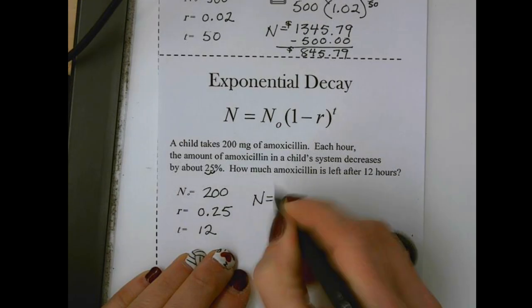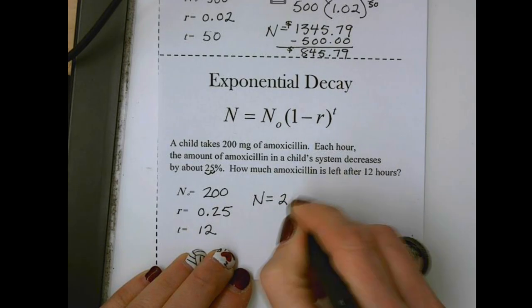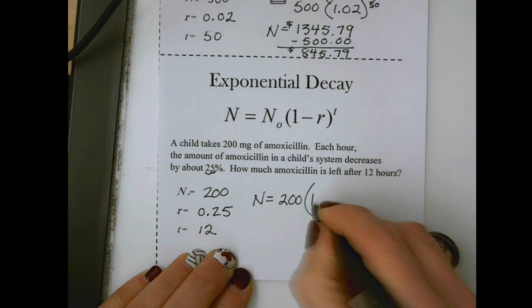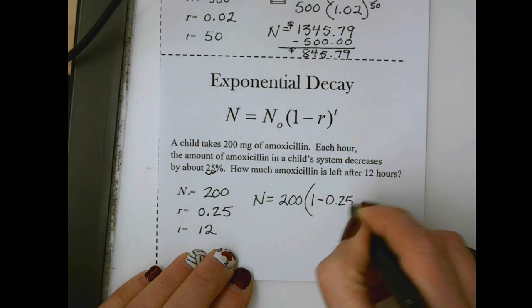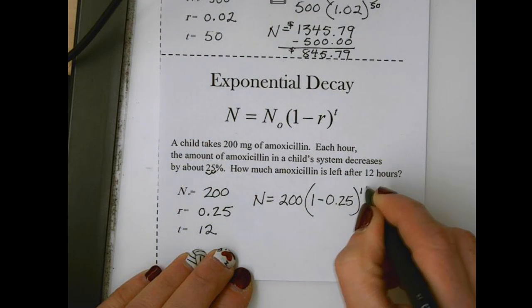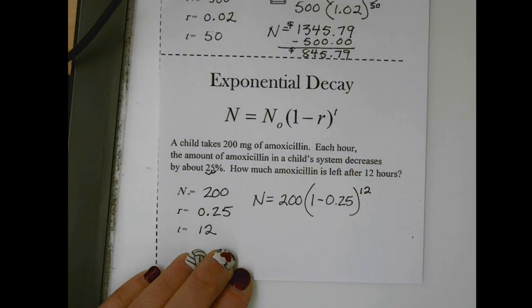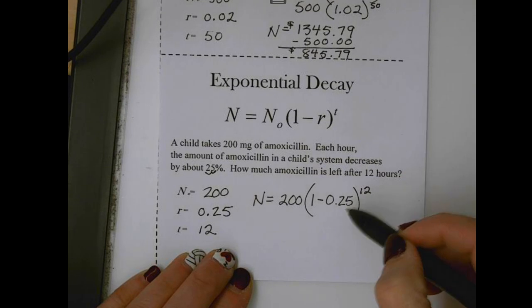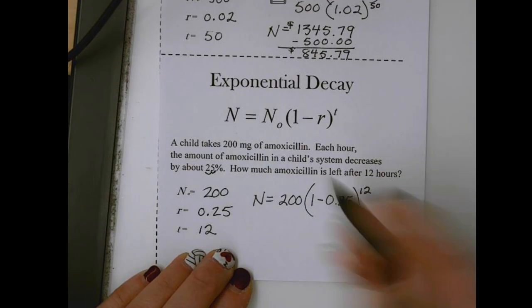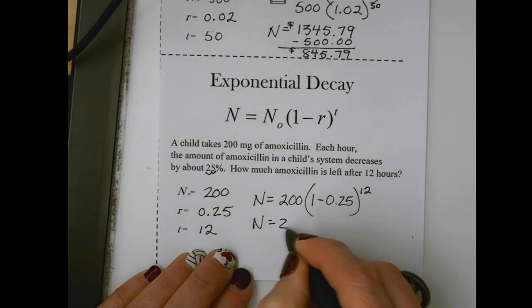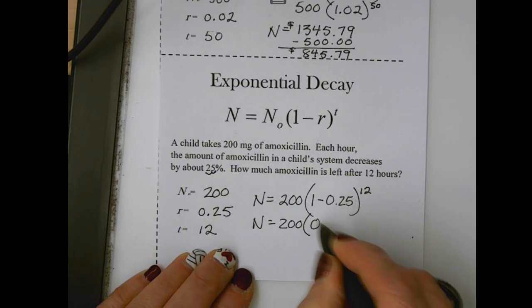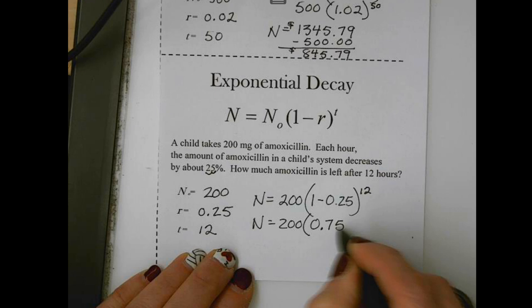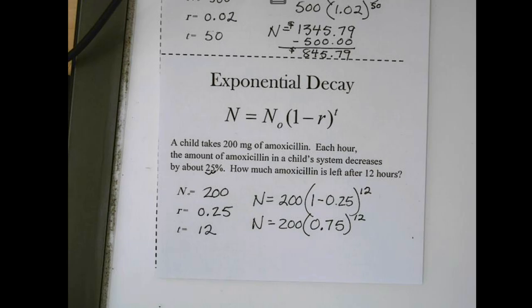N equals the initial amount, that 200 milligrams, times 1, which stands for 100%, minus our 0.25, raised to the 12th power. That would be T in time. Rate is our percent. So again, I'll simplify this: 1 minus that 25% would leave us 0.75 over that 12-hour range.